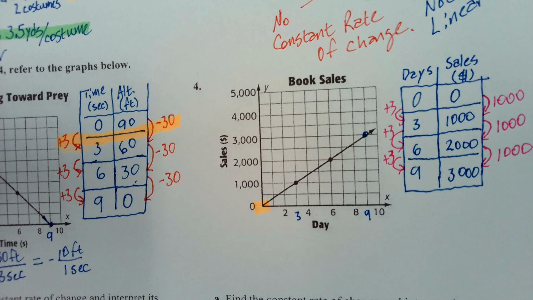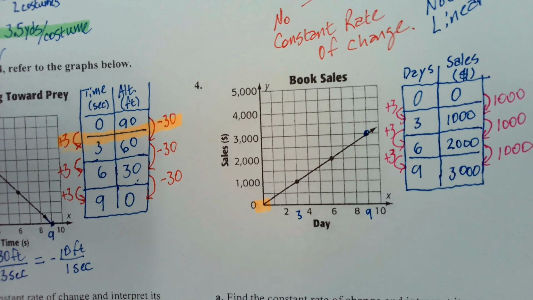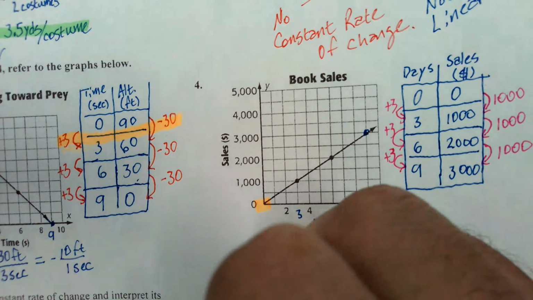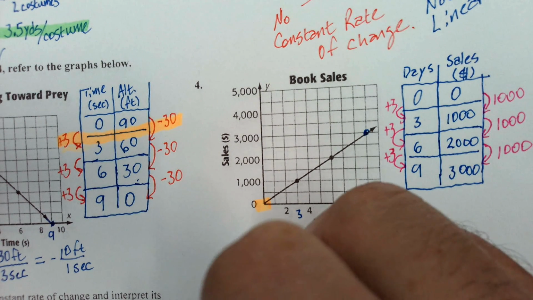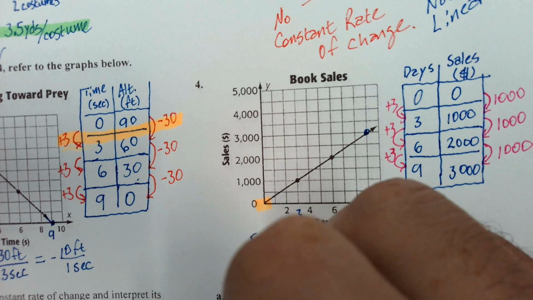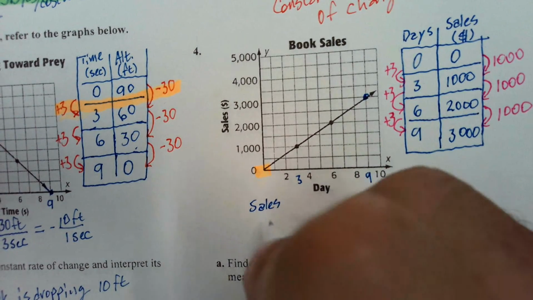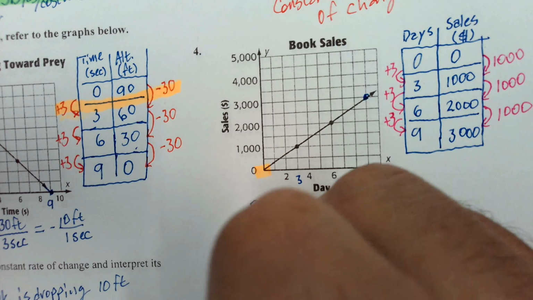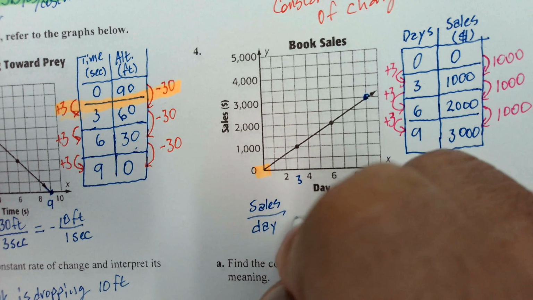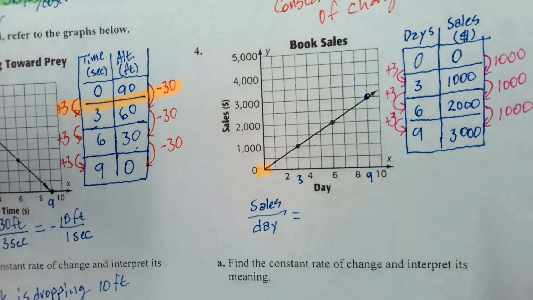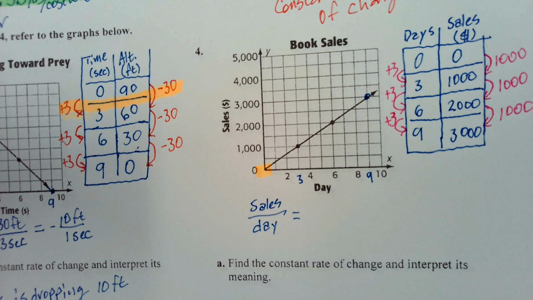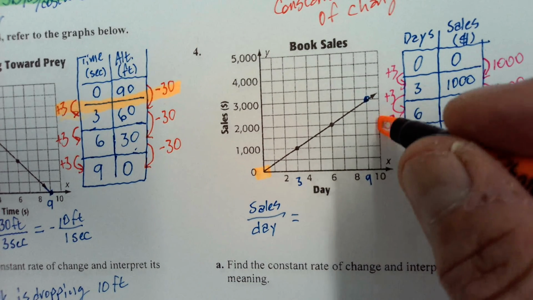So we can say that we want sales per day. And pick any one you want. I'll pick this one.